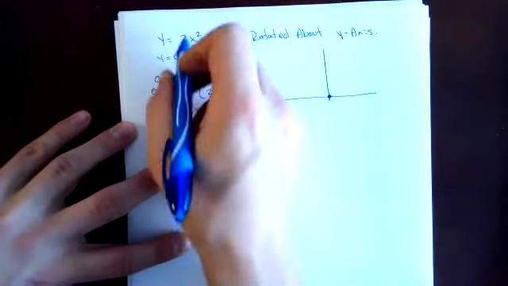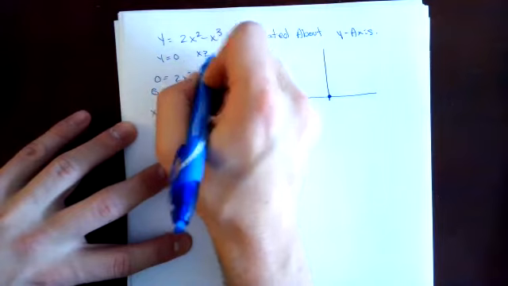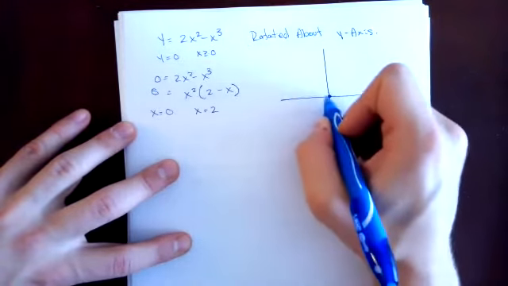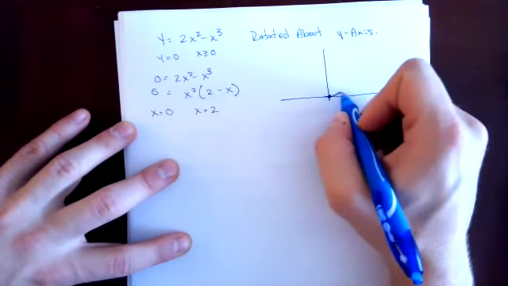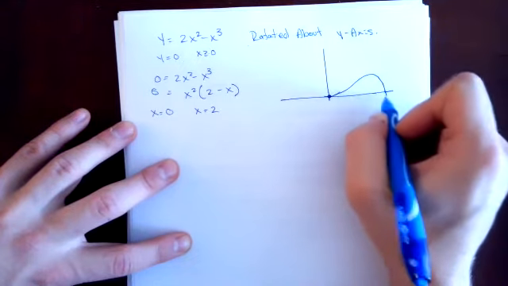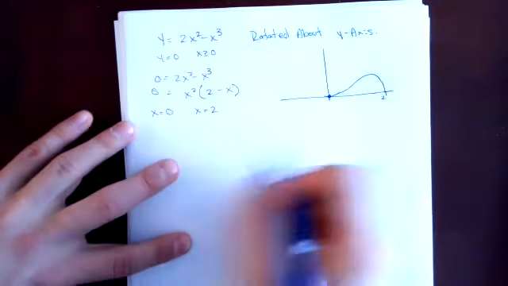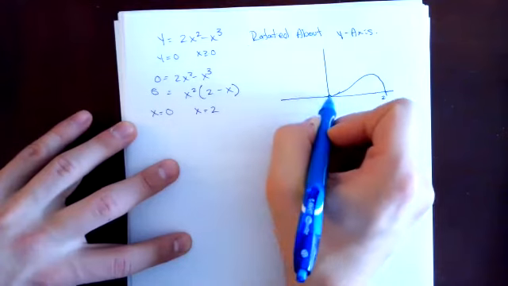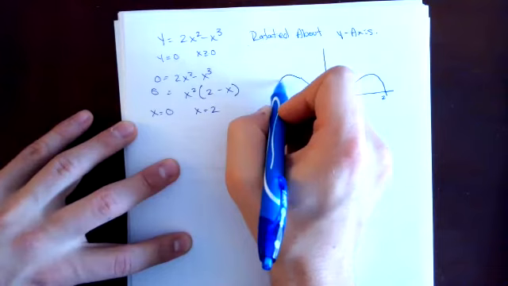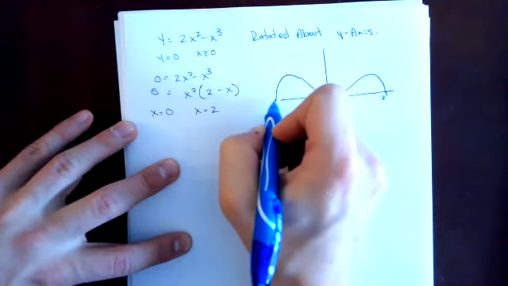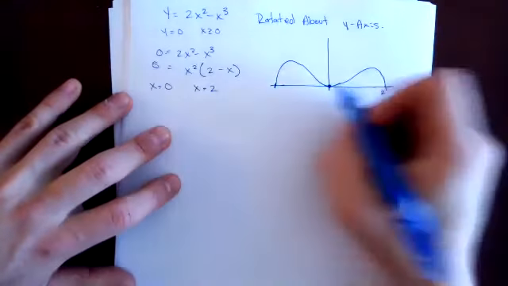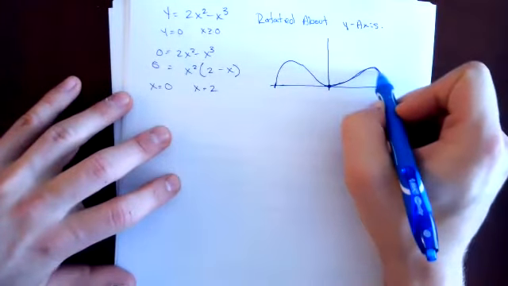I guess I should say x bigger or equal to 0. That's not going to matter too much. It's kind of a symmetric polynomial, but it's going to slowly gradually get up and then come back down here at 2. So we're looking for this region, and then it's rotated. So something like that. My humps are not quite the same size.